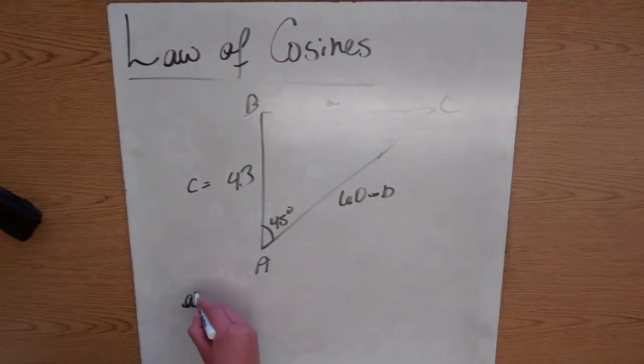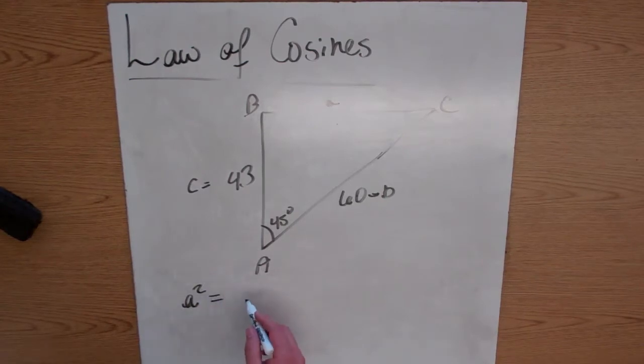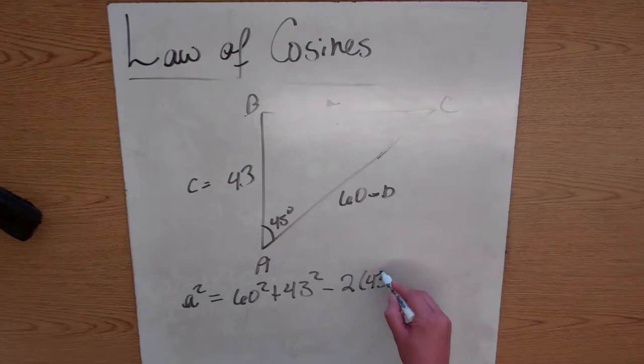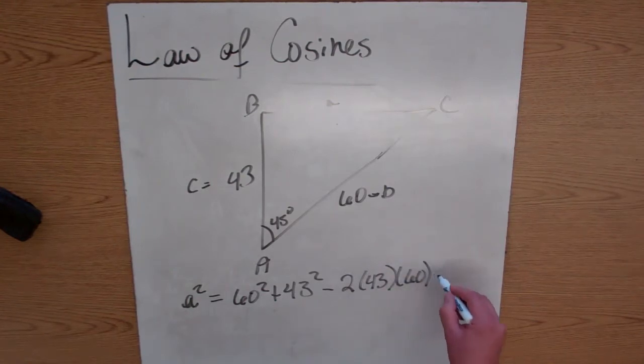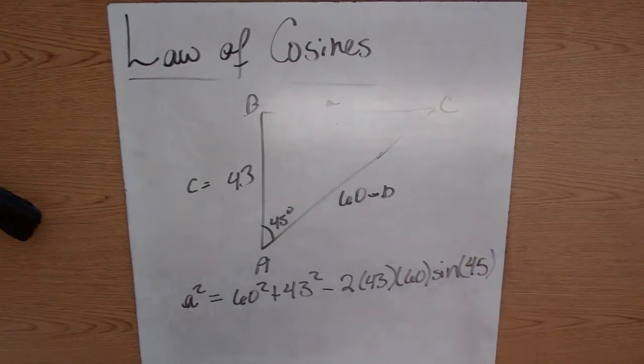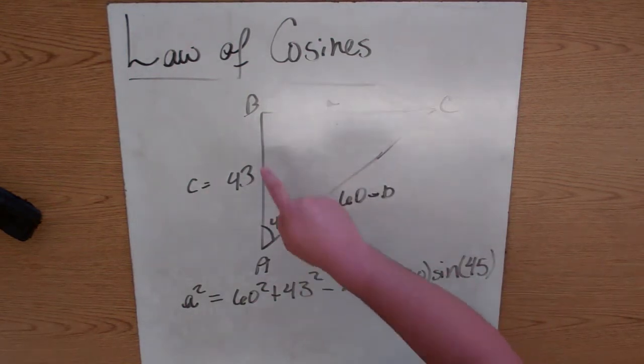So again, you're going to use A squared equals B squared plus C squared minus 2 times the 43 times the 60 times the cosine of A. Okay? So again, whatever side you're looking for, or whatever angle you're looking for.